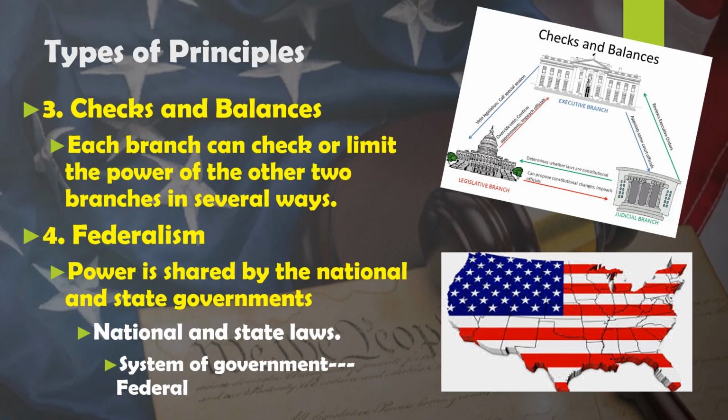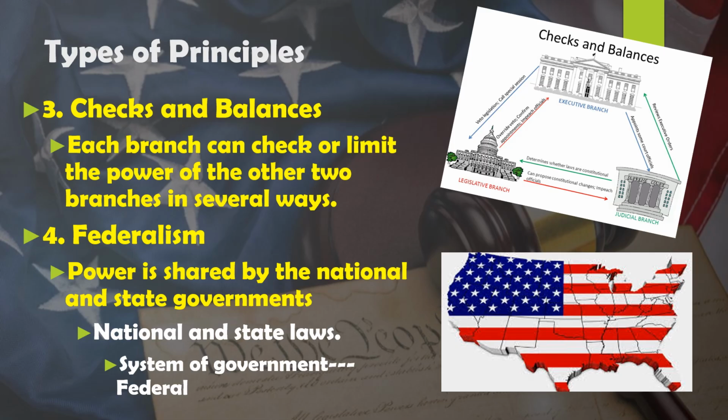This is why our government doesn't have a king or a queen, or an unruly branch of government that oversteps its bounds. Each branch stays in its own lane. Each branch has its own power, and they have to stick to that power and responsibility that is outlined within the United States Constitution.